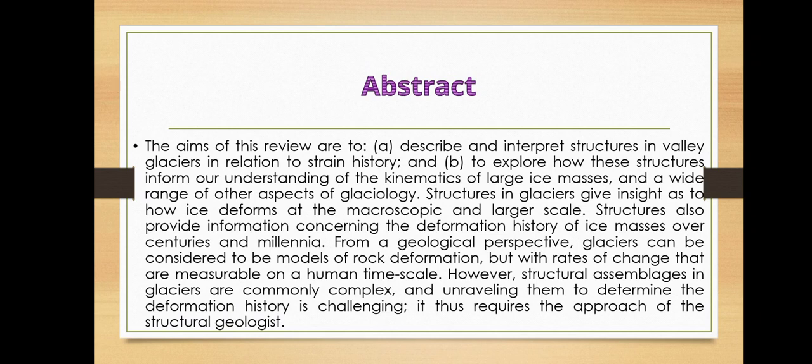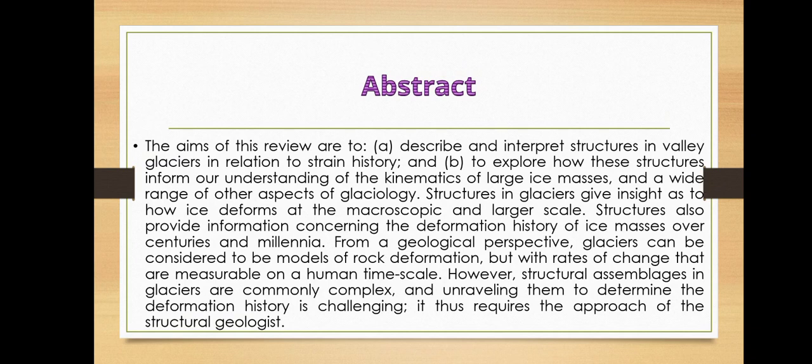The aims of this review are to describe and interpret structures in valley glaciers in relation to strain history, and to explore how these structures inform our understanding of the kinematics of large ice masses and a wide range of other aspects of glaciology. Structures in glaciers give insight as to how ice deforms at the microscopic and larger scale.